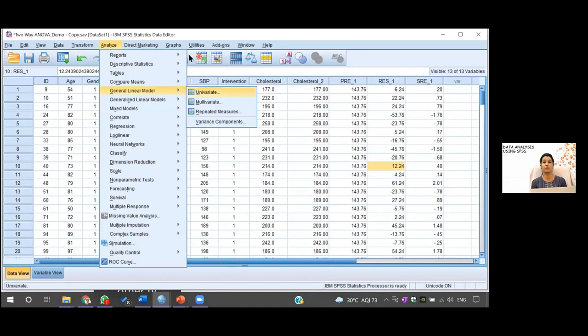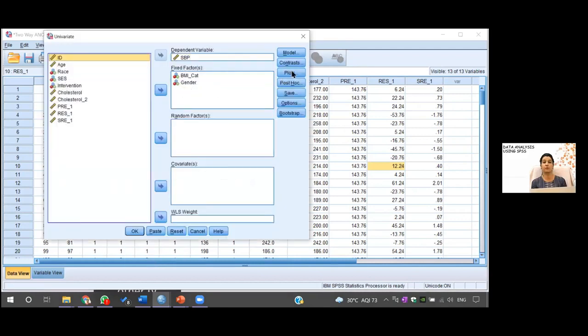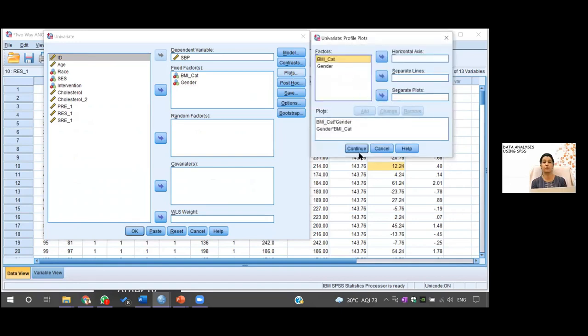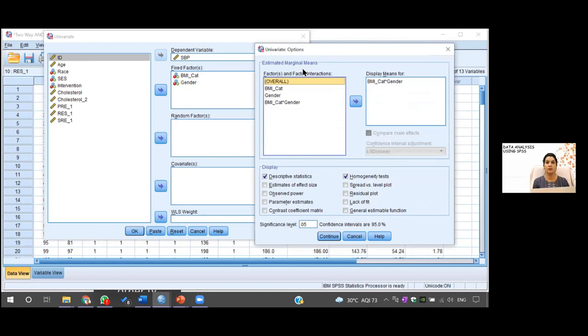The independent variable, systolic blood pressure, here. The two independent variables go in the fixed factor. I have clicked this option of plot where I have drawn two plots. It is a subjective way of seeing the interaction.